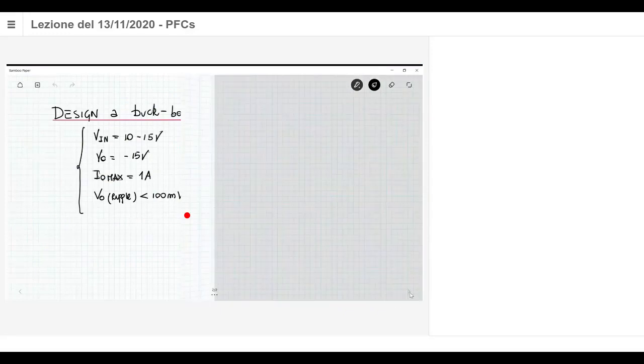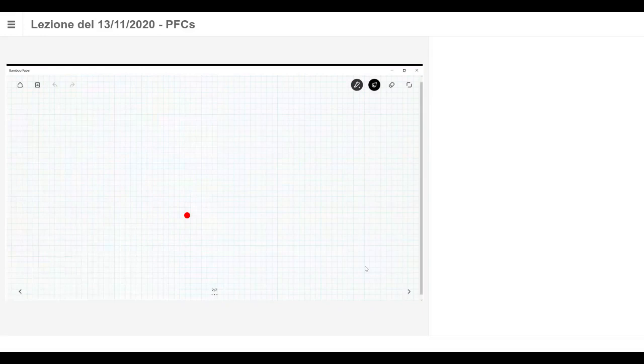So, continuing our discussion about the power flow in electrical networks. Last time I focused my attention on a generic network.